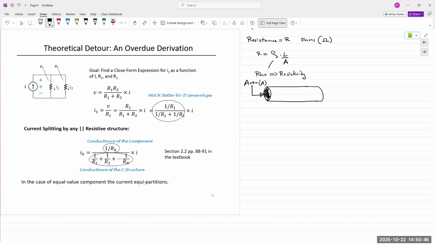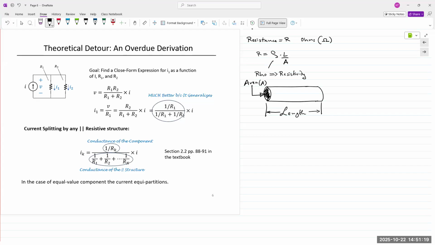This is the cross-sectional area A of a piece of material. And then the total length of that material. Okay, so if you have any piece of material, then it has its own resistivity, and the length and the cross-sectional area give us the resistance of that material.